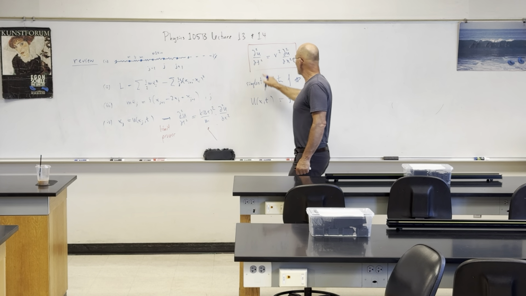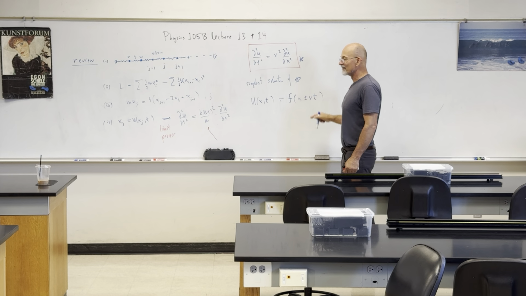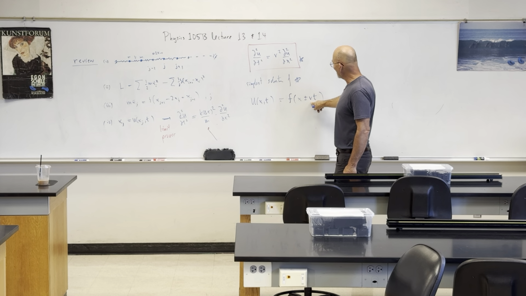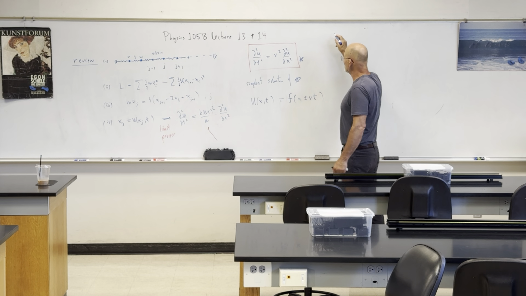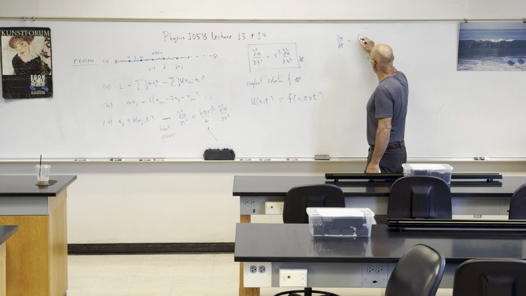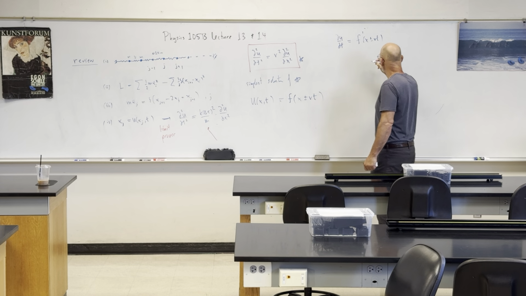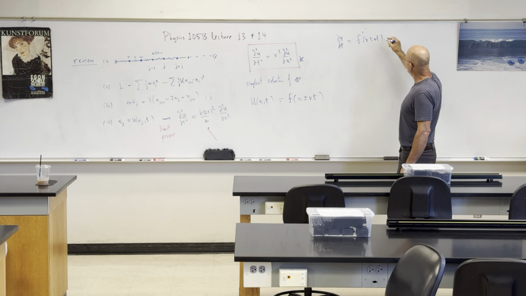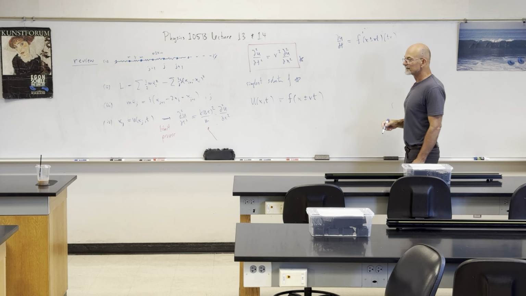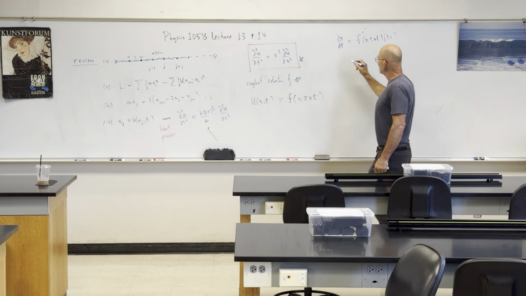So what is the second derivative with respect to time? You've got a chain rule. Actually, let's do them one at a time. So du/dt equals f prime of x plus or minus vt, and with the chain rule, we get times plus or minus v. Then we do the second derivative.